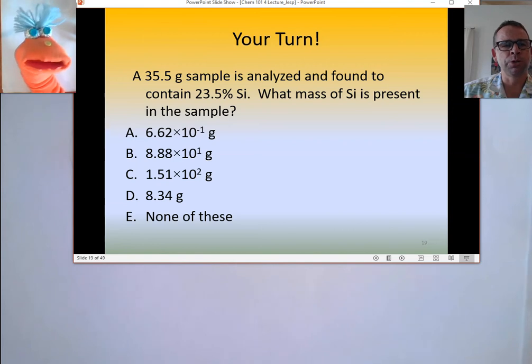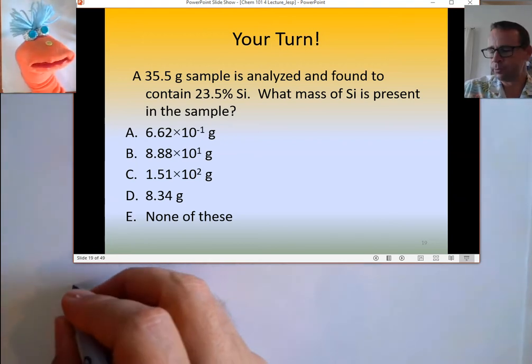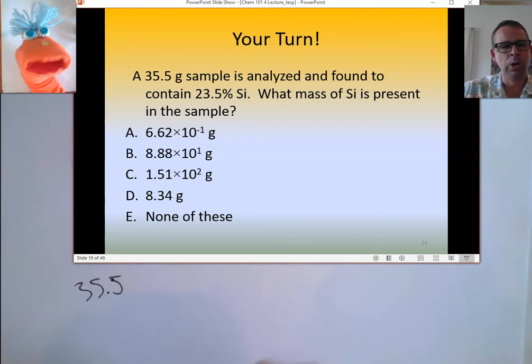If it was 50% silicon, it would be half that value. Good. That's good thinking. So what is it if it's 25%? If it was 25%, it would be 1/4 of that value. That's right. How would you find out what half of 35.5 is? I would take 35.5 and divide it by 2.